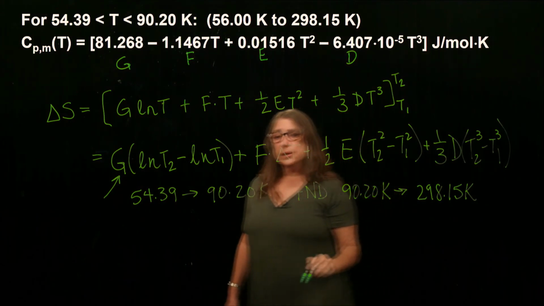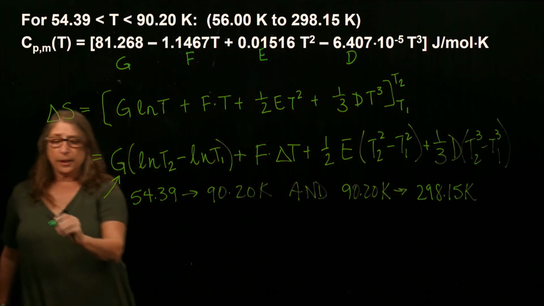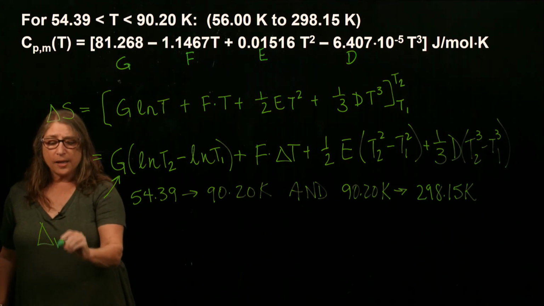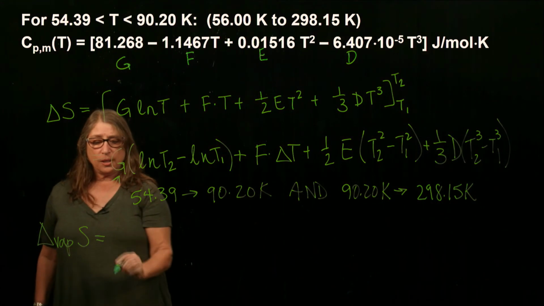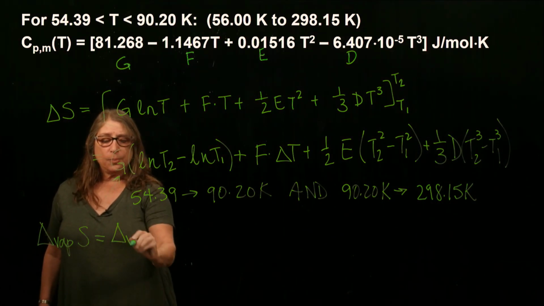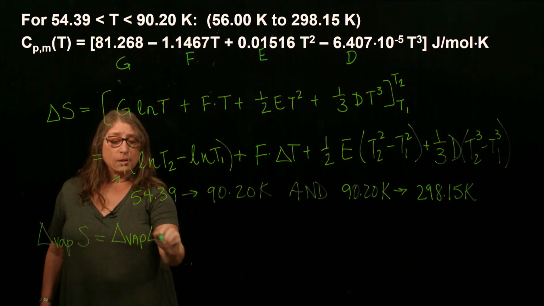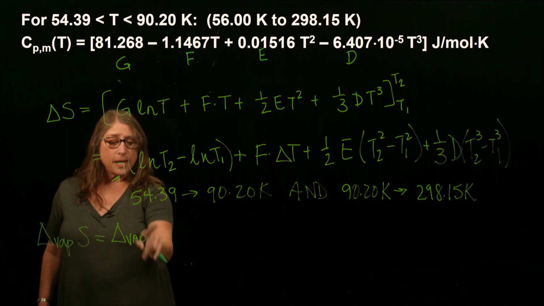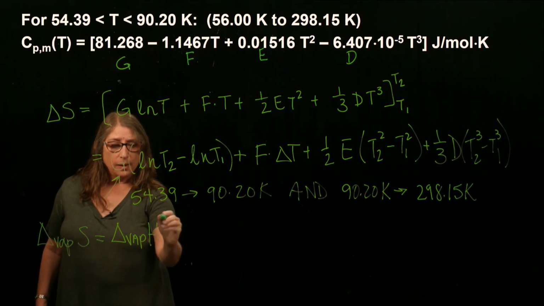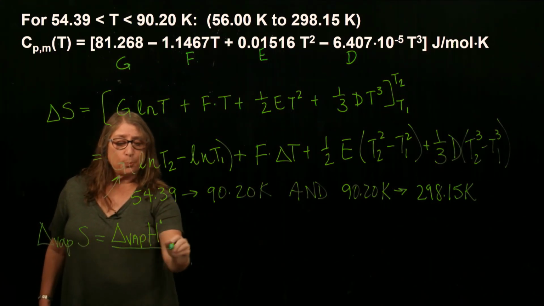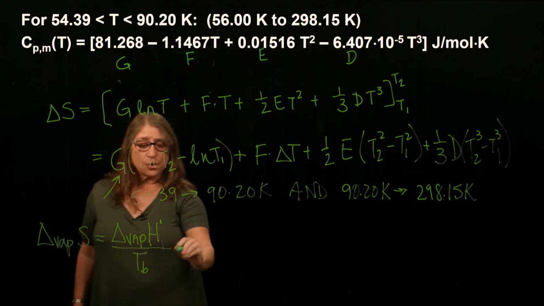And so now I only need to worry about the entropy change when I boil the liquid. And for that, I know that the entropy of vaporization is equal to the enthalpy of vaporization, that's an H, under standard pressure conditions divided by the boiling temperature.